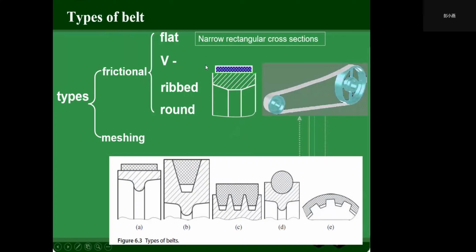The driving force is limited by the frictional force between the surfaces. Flat belts are usually used at high speed and relatively low powers.